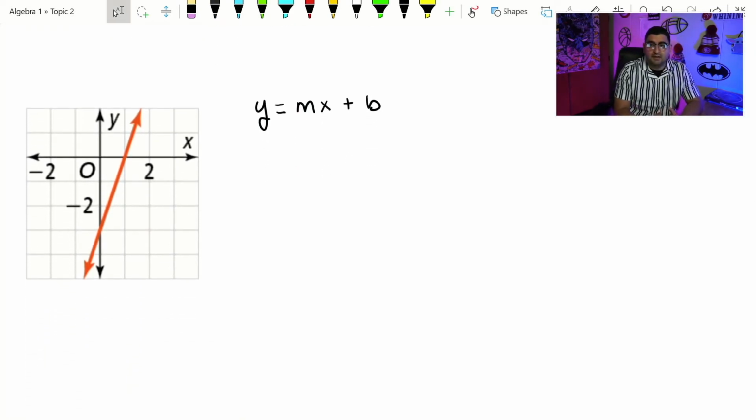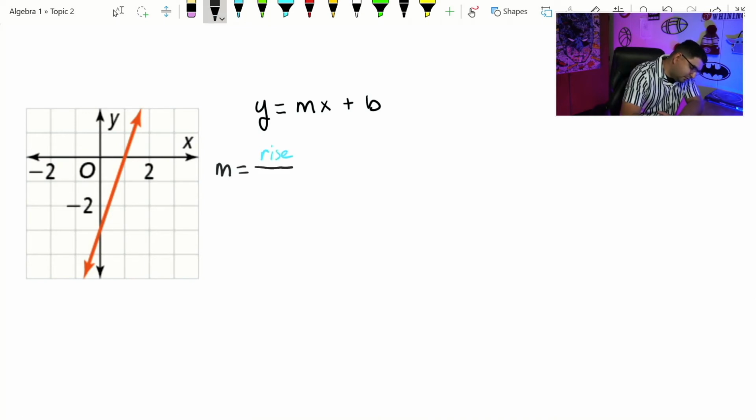So here I have another line. Again, I'm going to find the slope first. We have to remember that it's rise over run. Let's choose 2 points. I'm going to choose this point down here and this point up here.